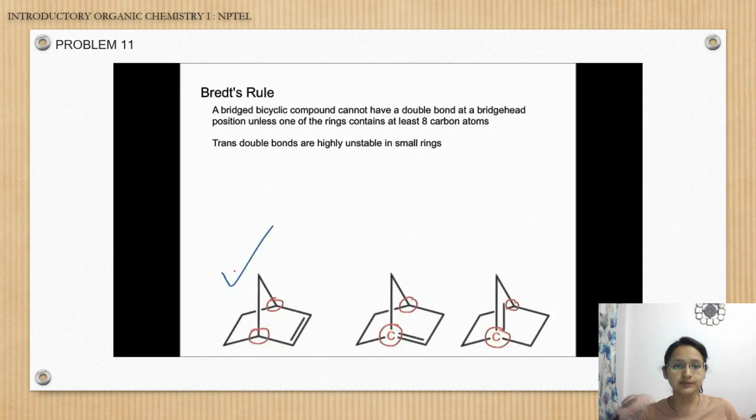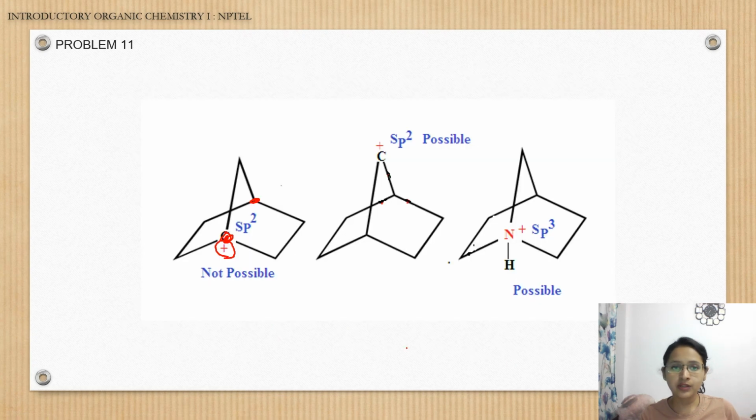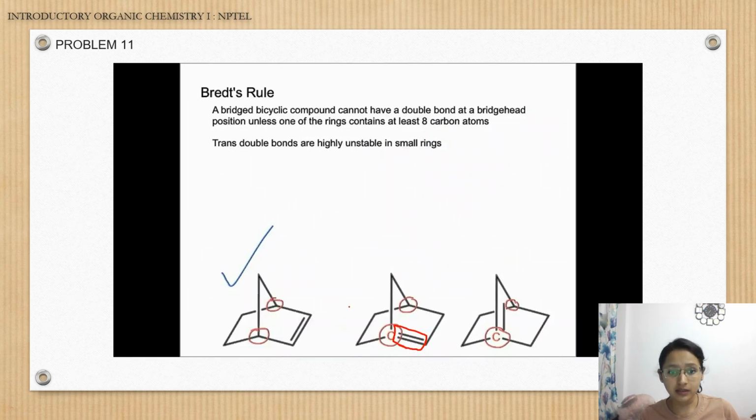According to Bredt's rule, at the bridgehead no double bond is allowed, and also no positive charge formation is allowed. You can have a positive charge at this position, but no positive charge is allowed at a bridgehead carbon. Nitrogen is possible, but with carbon you cannot form a bridgehead carbocation or a bridgehead double bond according to Bredt's rule.